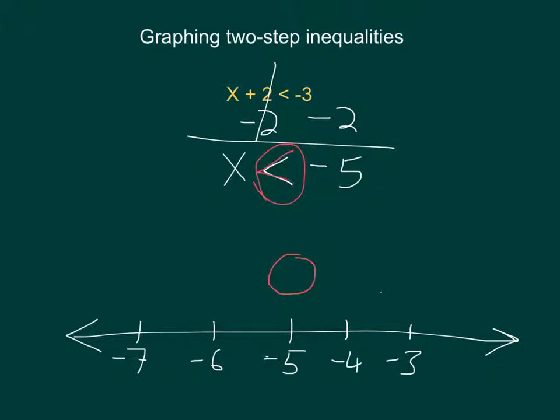The way that this is pointing matches the left arrow, so it's going to go this way. So on our number line, we draw an open circle at negative 5, and we fill in the line on the left-hand arrow. That's how we do a two-step inequality.